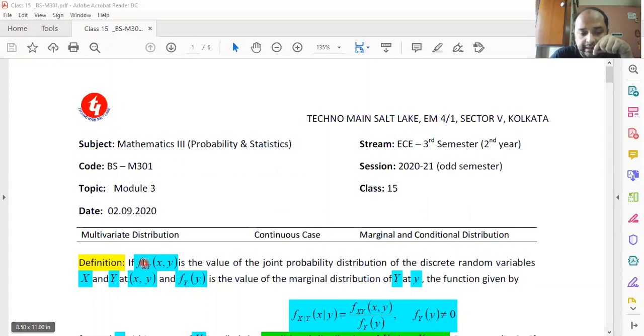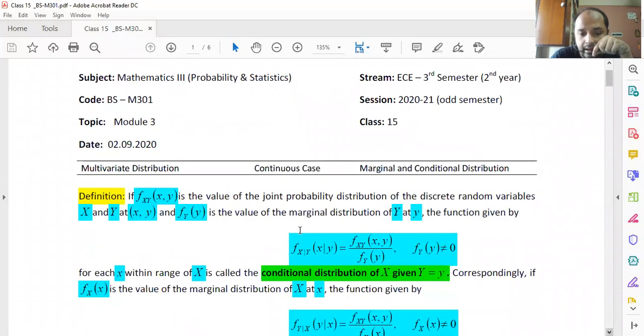Now the definition goes like this: if f of xy is the value of the joint probability distribution of the discrete random variables capital X and capital Y at x, y, and f of capital Y of small y is the value of the marginal distribution of capital Y at small y, then the function given by, look at the notation what I have written, a function having the domain values as this: small x given small y, x given y.